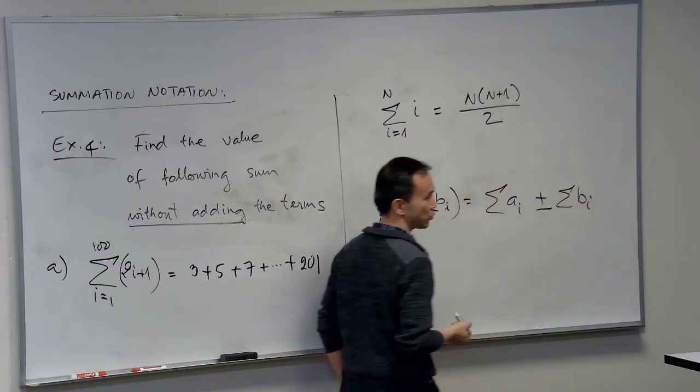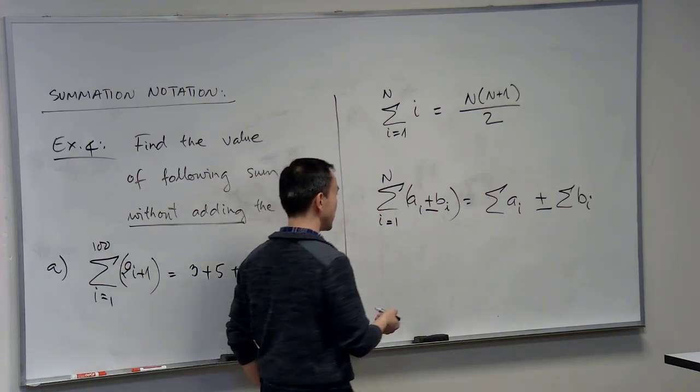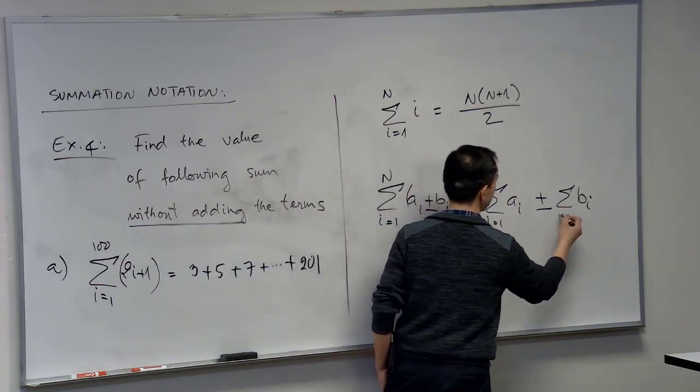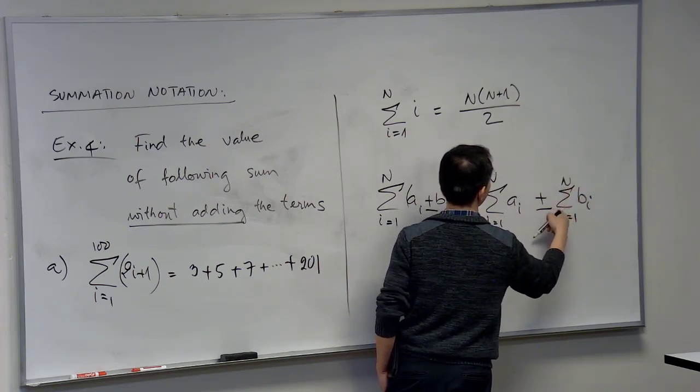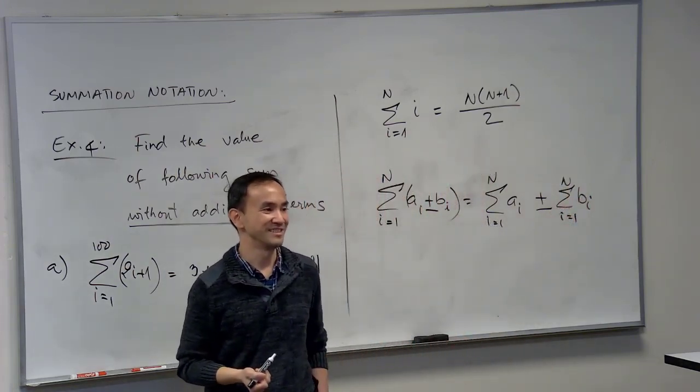That's one property that you can make use of. And of course, the indices run from 1 to n. Are we good?